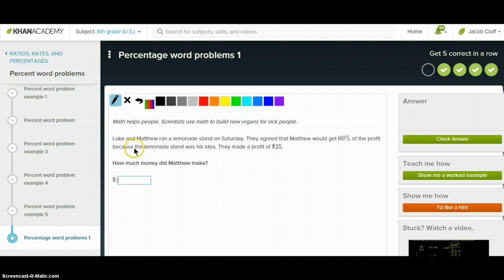Alright, last problem here. Luke and Matthew run a lemonade stand. Matthew gets 60% of the profit because the lemonade stand was his idea, and they made a profit of $25. So how much money did Matthew make? Okay, so Matthew gets 60% of the total profit.